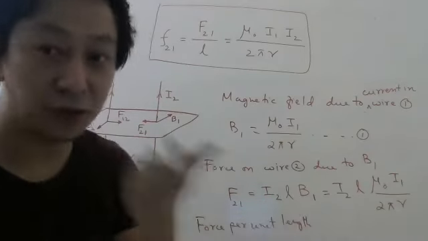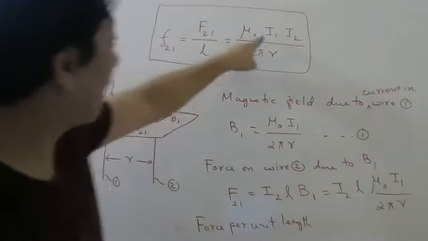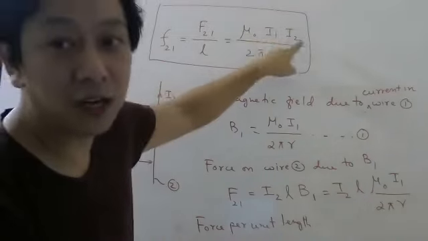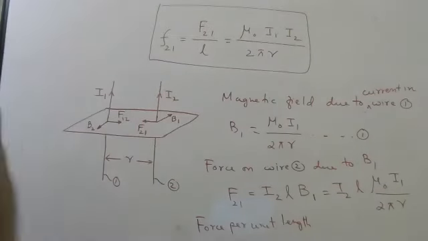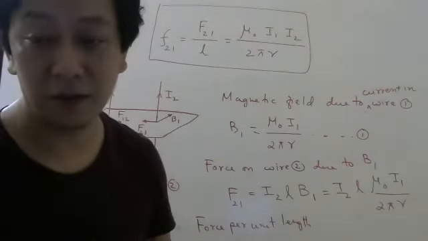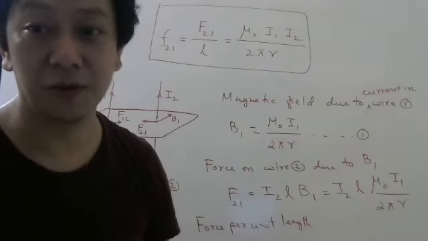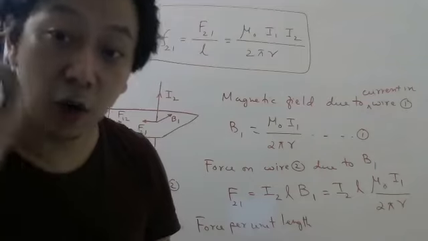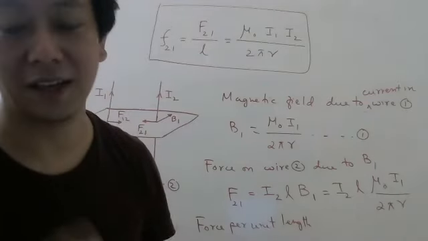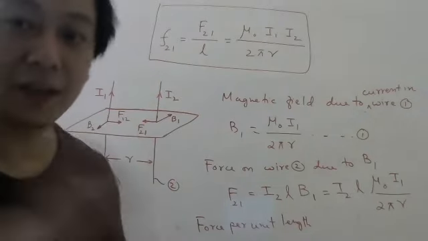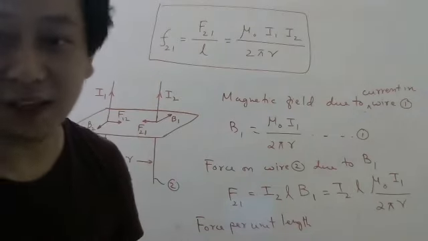Understood? So when I write I1, I2, it means force on one current due to the other current. When we wrote Coulomb's law for force, we wrote 1 by 4 pi epsilon naught Q1 Q2. So there was information for on Q1 by Q2 like that. Of course, you can say other way also, on Q2 by Q1, because action and reaction should be equal in magnitude.